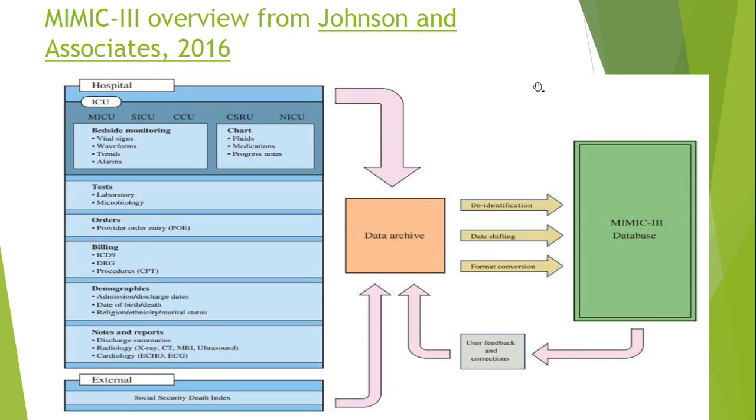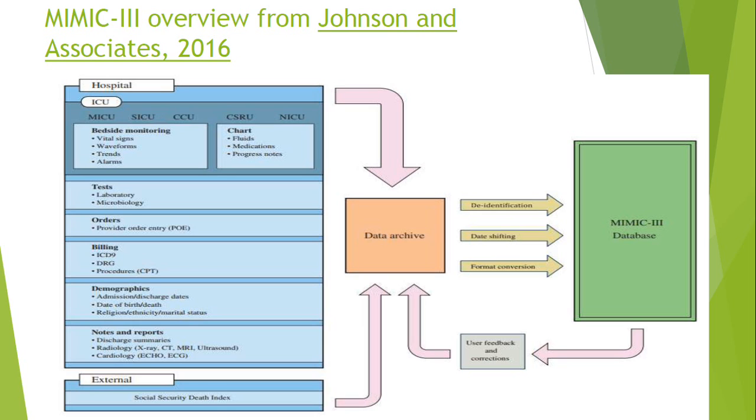This is an interesting diagram that came from the people that have put together the MIMIC3 database, just to show where all the information came from. They do have one external source noted here, Social Security Death Index, to track which patients died that are in the database, so they could include that information as accurately as possible.